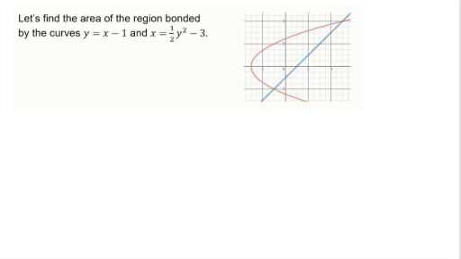Let's find the area of the region bounded by the curves y equals x minus 1 and x equals 1/2 y squared minus 3. Let's make a little mental note.